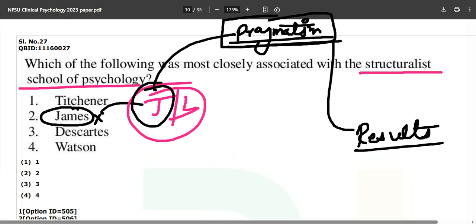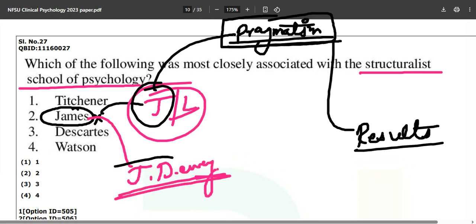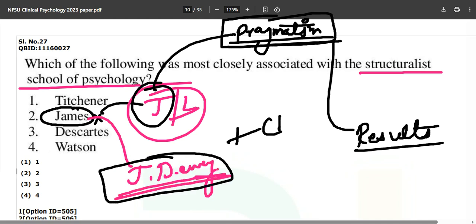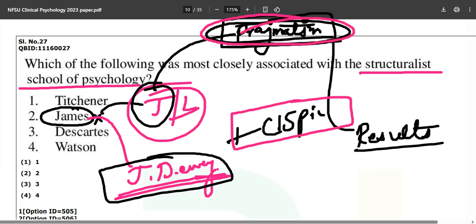Along with William James, you have John Dewey, D-E-W-E-Y, and one more guy, Charles Sanders Peirce. So whenever they ask you about pragmatism, Charles Sanders Peirce, John Dewey and William James are the three most prominent names associated with that.